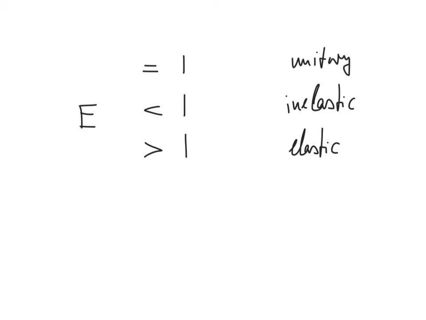These are the basic qualitative interpretations of elasticity, because it just tells you unitary, inelastic, elastic. But that's a good starting point to remember. Less than 1, inelastic, demand changes little compared to changes in price. Greater than 1, elastic, demand reacts quite a bit to changes in price.